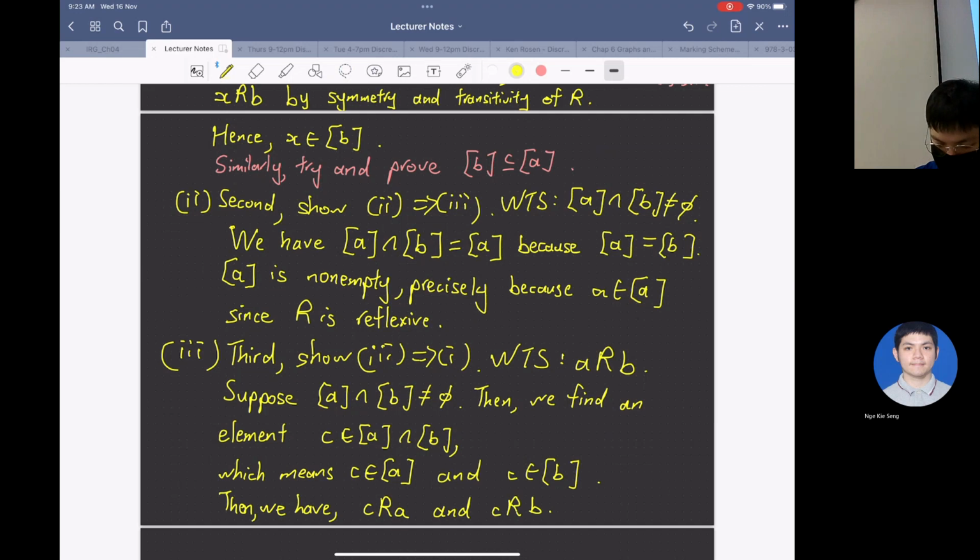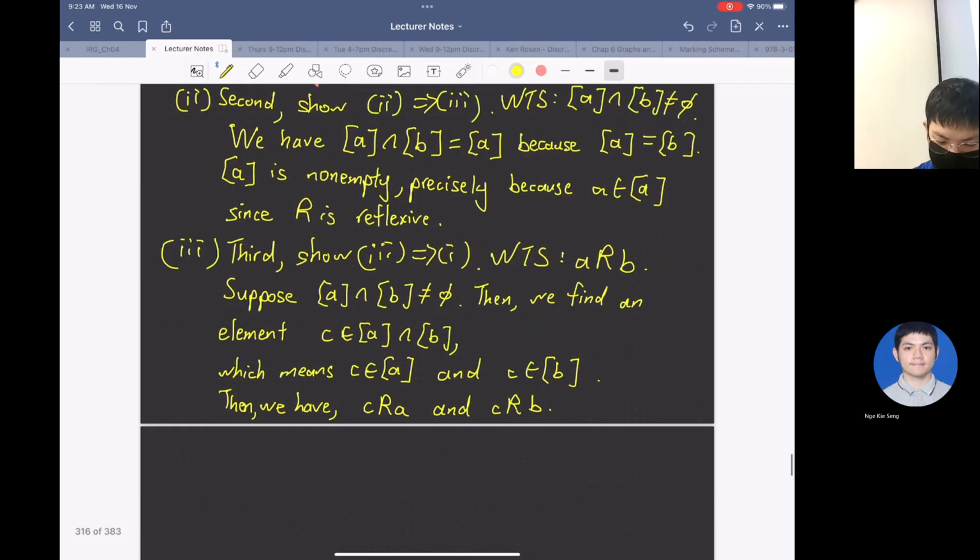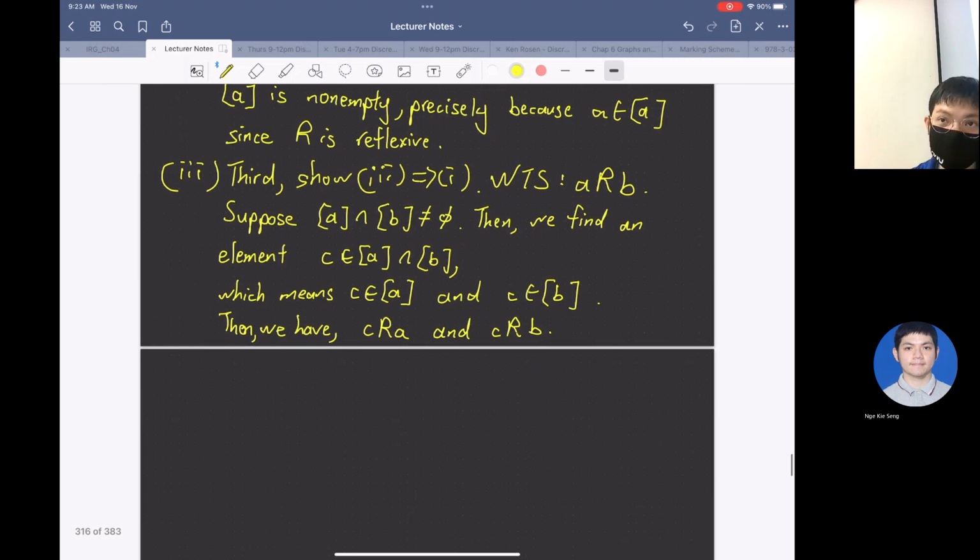So can you say something about A and B? Are they related or not? How? A is related to B by symmetry and transitivity again.